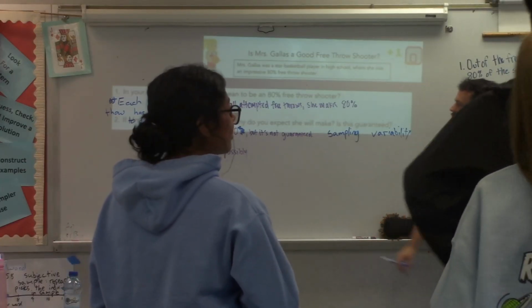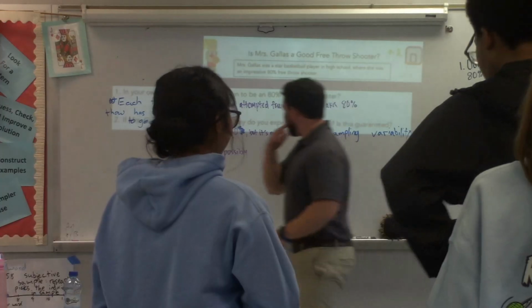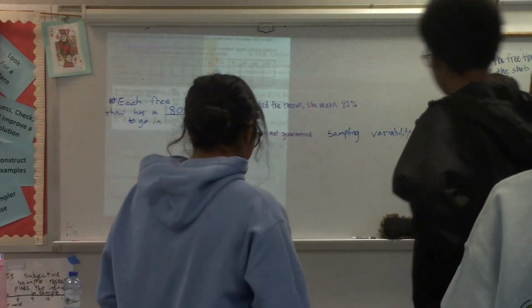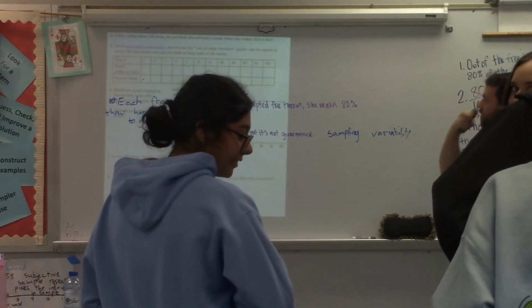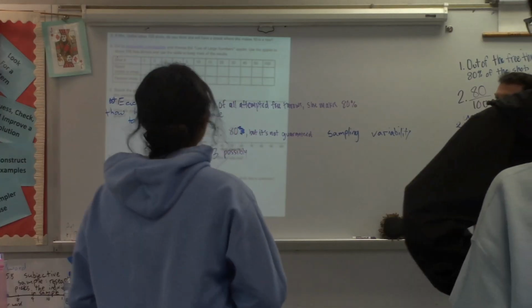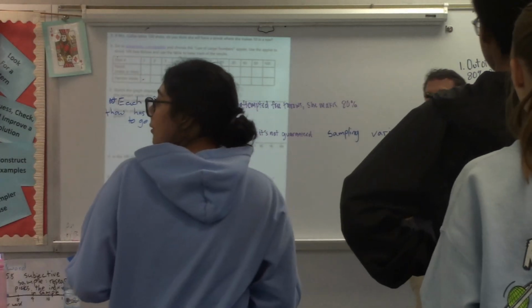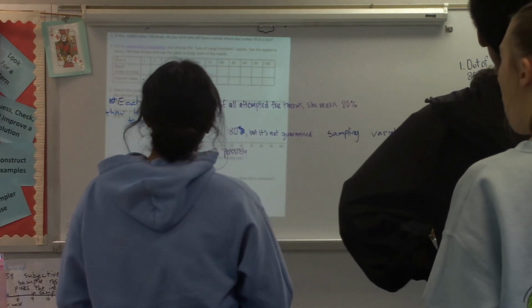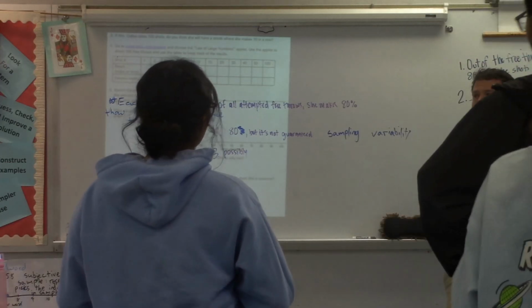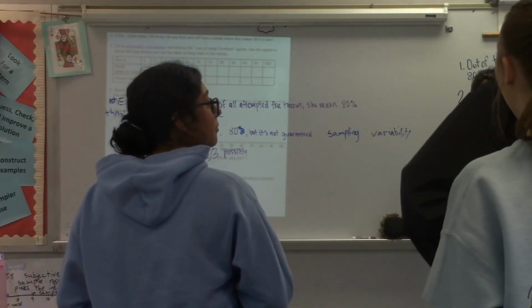So then the next question: if Miss Gallus takes 100 shots, do you think she will have a streak where she makes 10 in a row? Possibly, but for the most part, what are we thinking? I would say, is there a chance? Yeah, possibly.